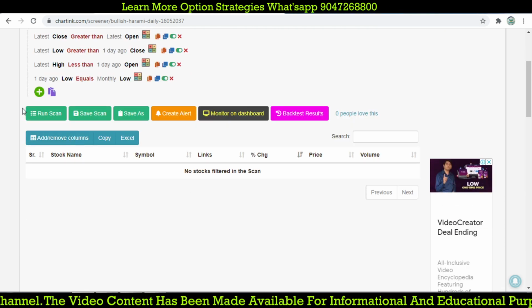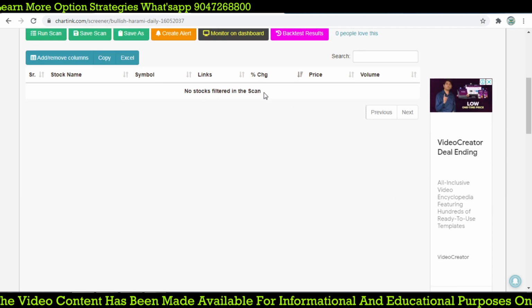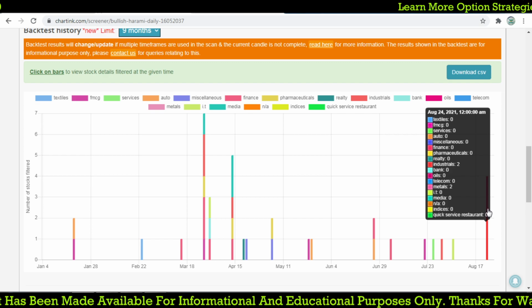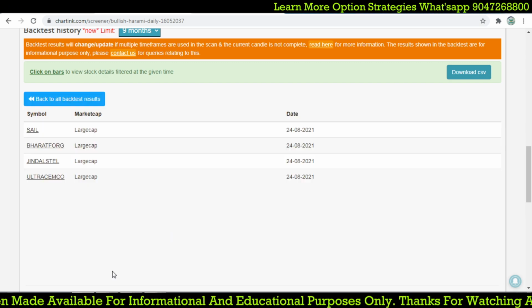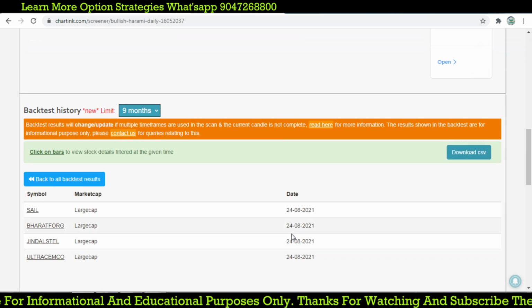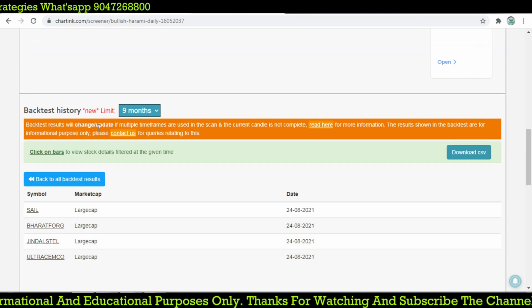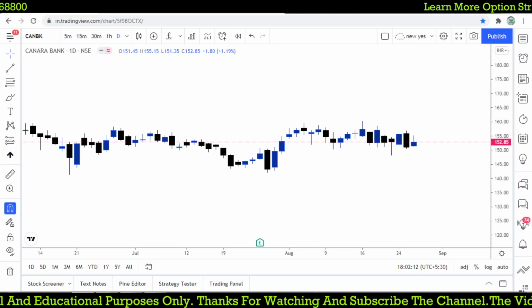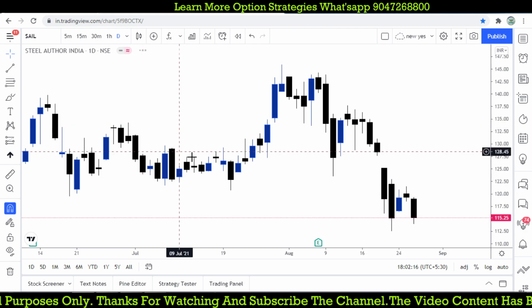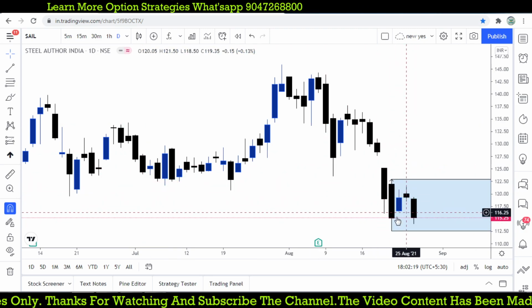If you apply this filter, today Canara Bank is not in there. But yesterday, 24th August, we found SAIL, Bharat Forge, Jindal and Ultratech forming Harami candles, right? Let's take SAIL and see how it formed. Now SAIL has a Harami candle.